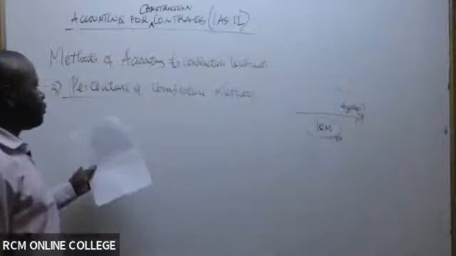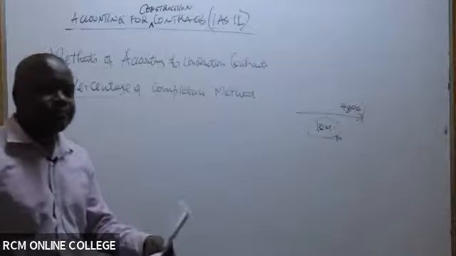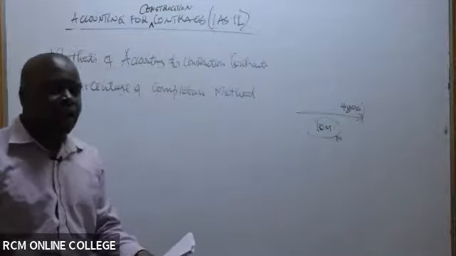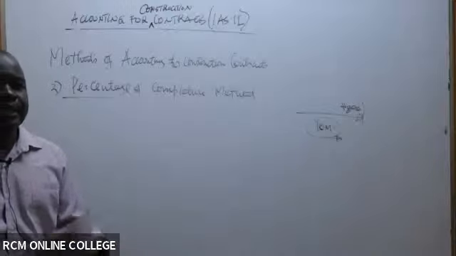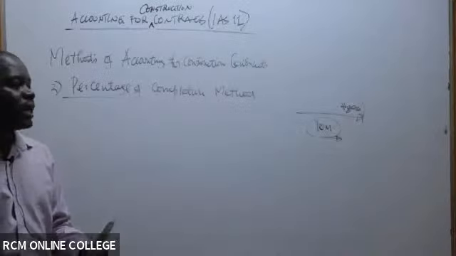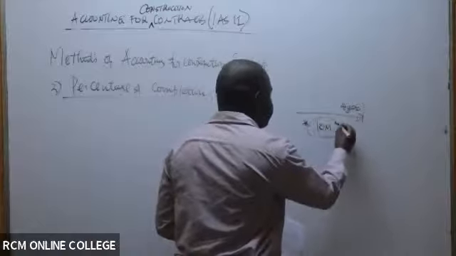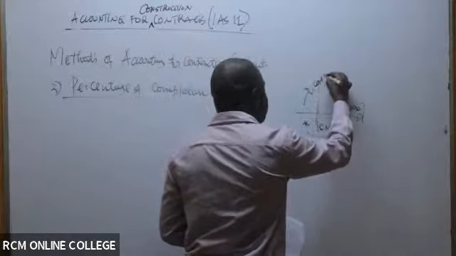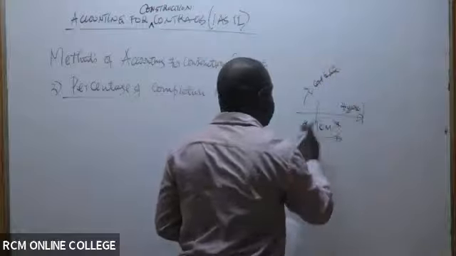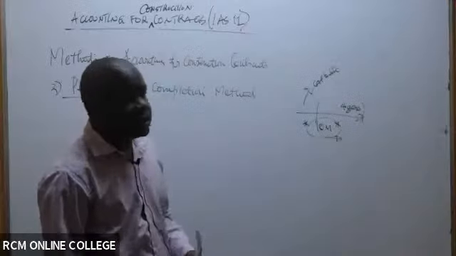So under percentage of completion, at the end of each and every year, for example the first year, we look at what percentage of the work we have completed. This can be determined by utilizing the total costs and the cost to date.